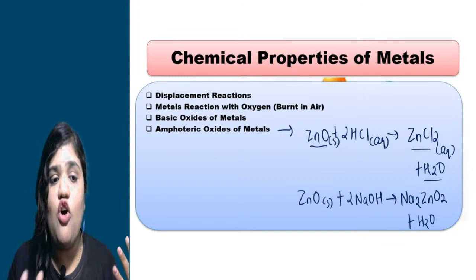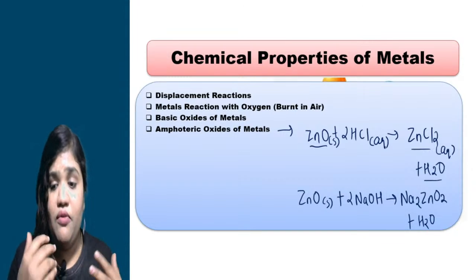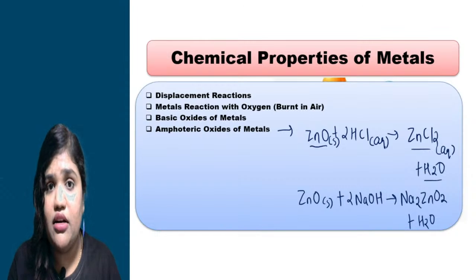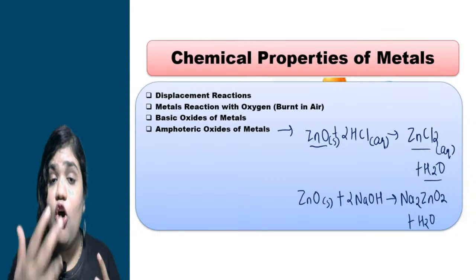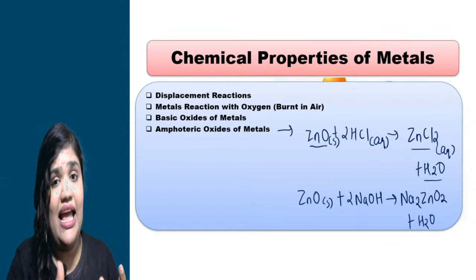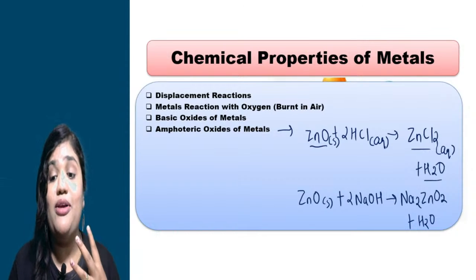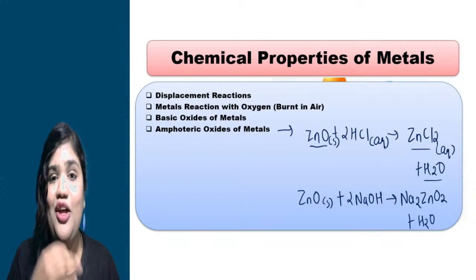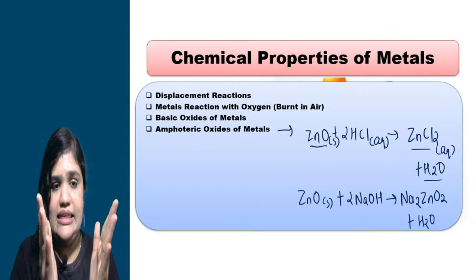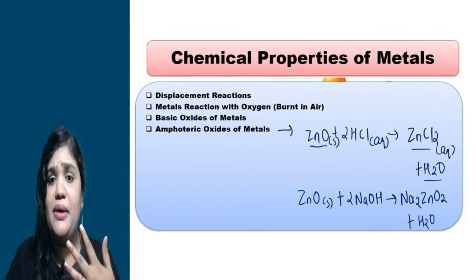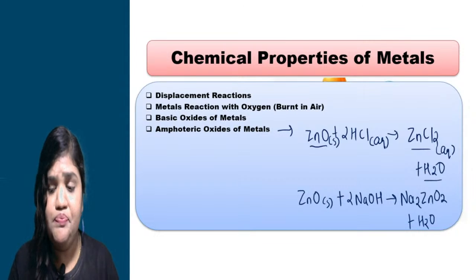Amphoteric oxides of metals, we have discussed it. What are amphoteric oxides of metal? Here, metal oxides can react with acid as well as base, and there is a formation of salt and water. So these are the chemical properties of metals.